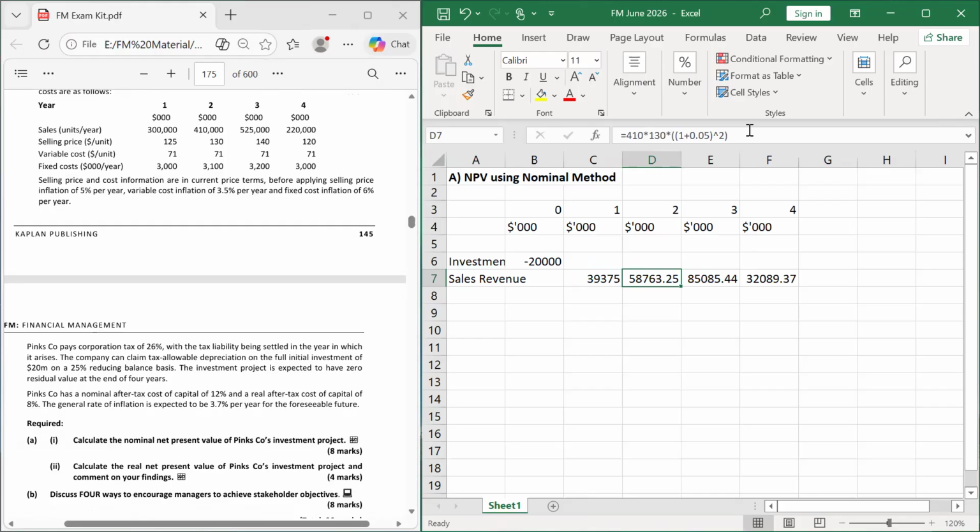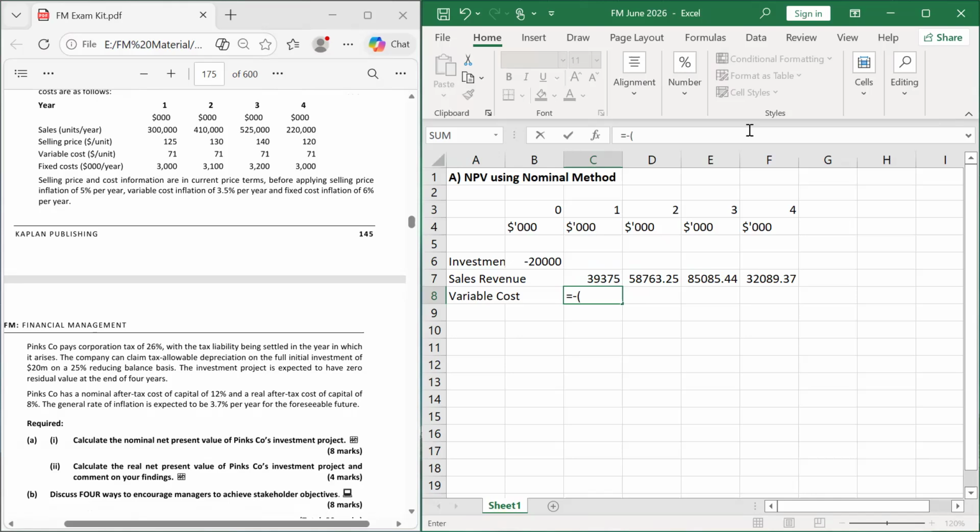Okay, then inflate it. After sales comes the variable cost. So for variable cost, again, we will use the same concept of inflation. You have to inflate the variable cost by 3.5% per year. And because it's a variable cost, I'm going to write negative here because I will show that as a cash outflow.